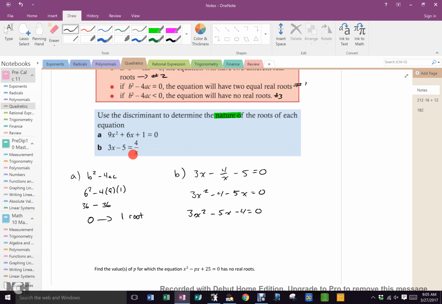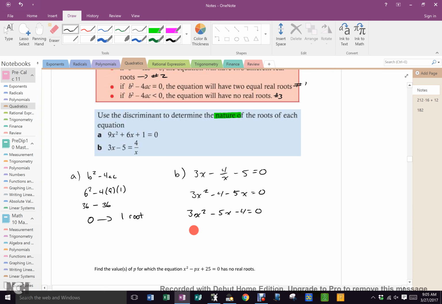Because you are allowed to move things around and change how they look as much or as little as you need to. This is the exact same thing as this. Do you all understand that? Okay? So let's run it through the discriminant.